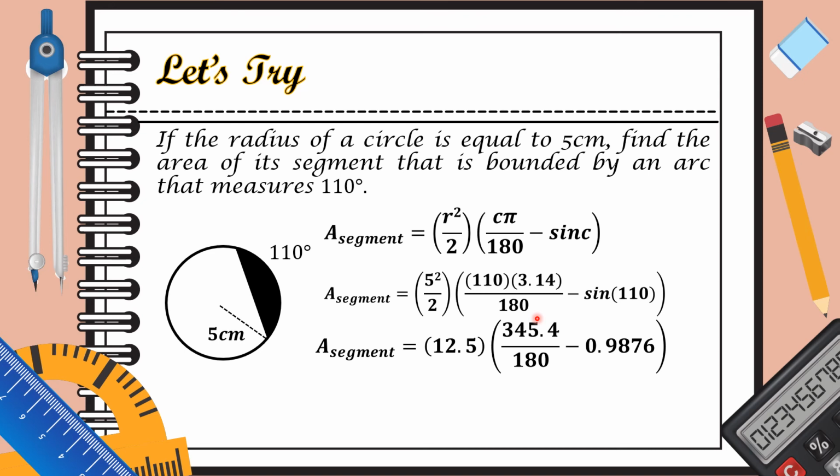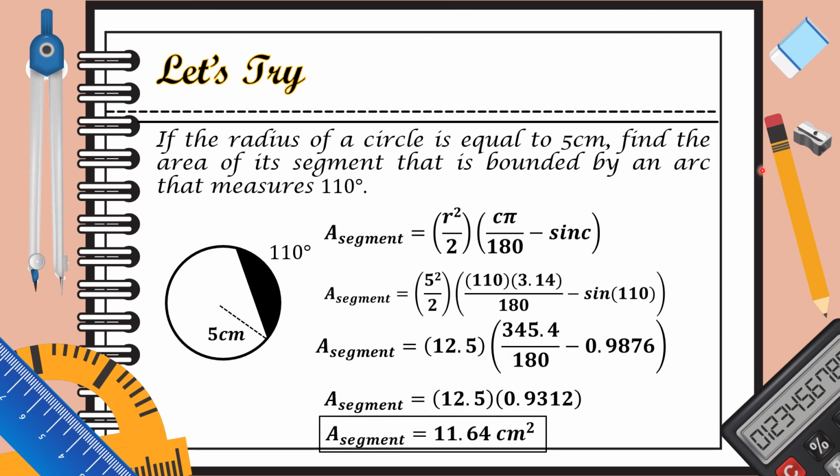So, compute natin, 345.4 divided by 180 minus 0.9876 is equal to 0.9312 times 12.5 is equal to 11.64 square centimeters.